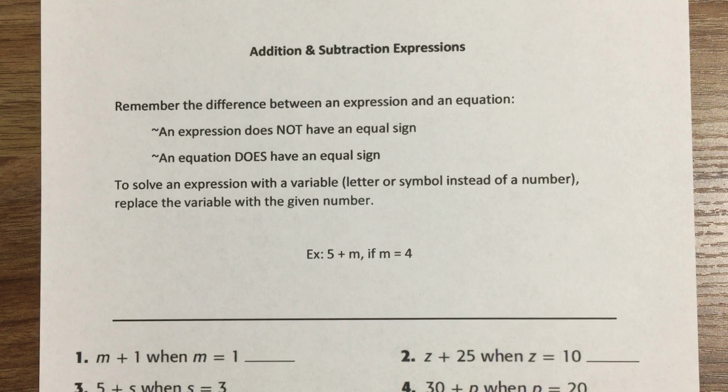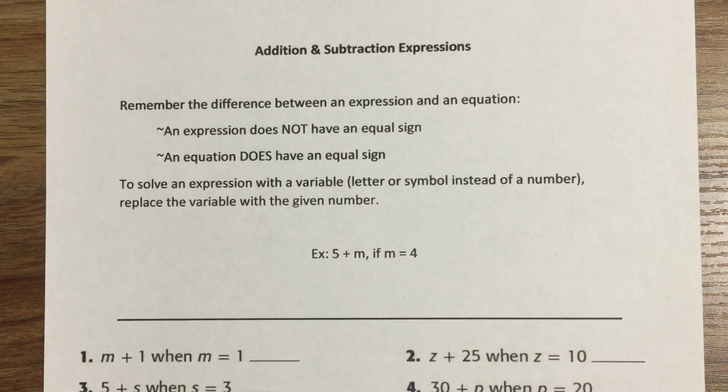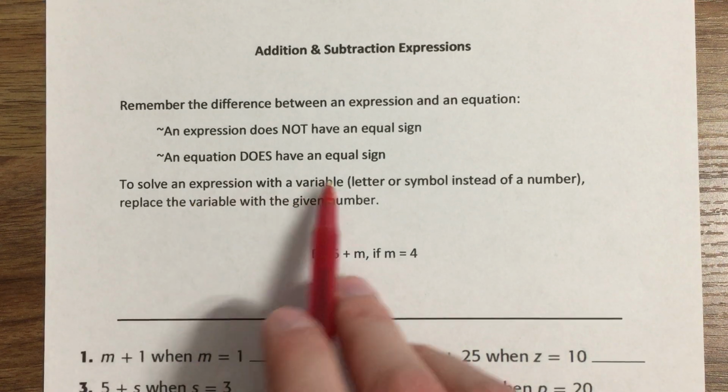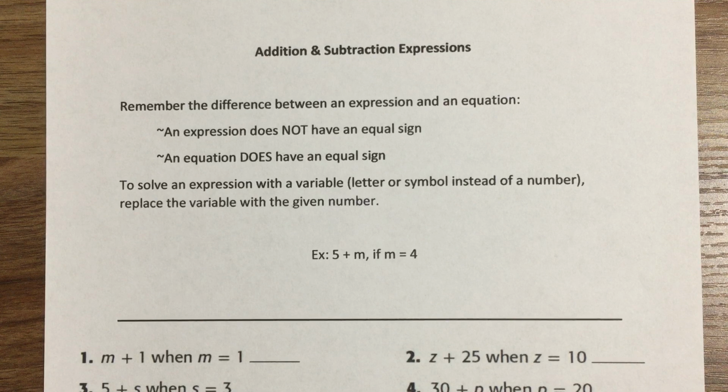So what we're going to be doing today is talking about what we do if we have an expression and there's a letter, what we call a variable. To solve one of those expressions that has a variable, some kind of letter or symbol instead of a number, we just need to plug in the number that we are given. There is a way to figure that out later on if they don't tell you what that number is, but we're not going to worry about that today.